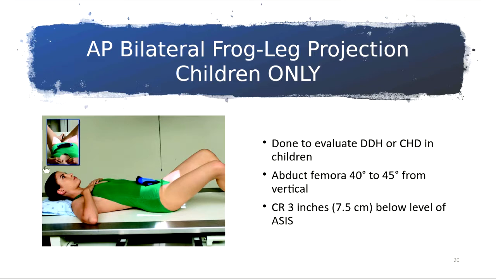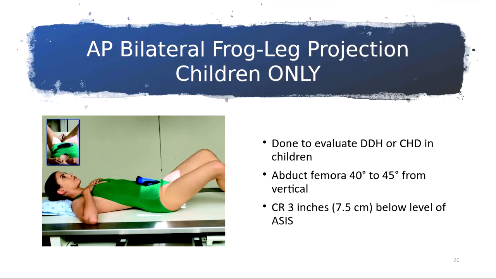Now again, this would not be an adult. If we were doing this, it would be a child, and we'd be evaluating for developmental dysplasia of the hip or a congenital hip dislocation. And notice how they do have her shielded.